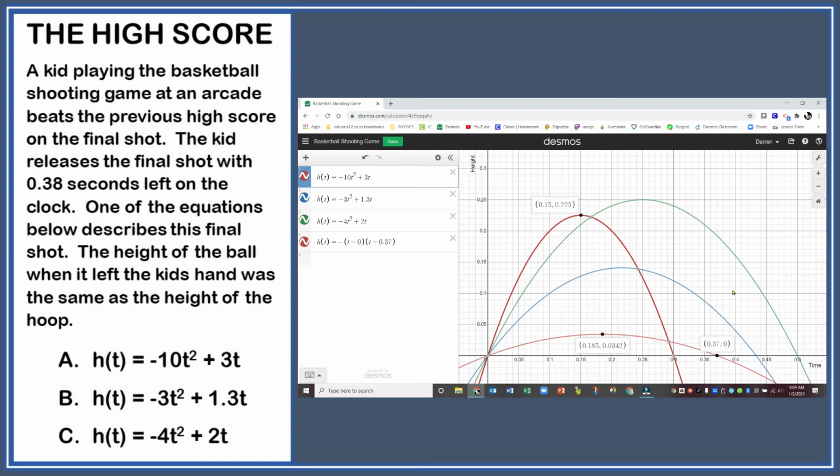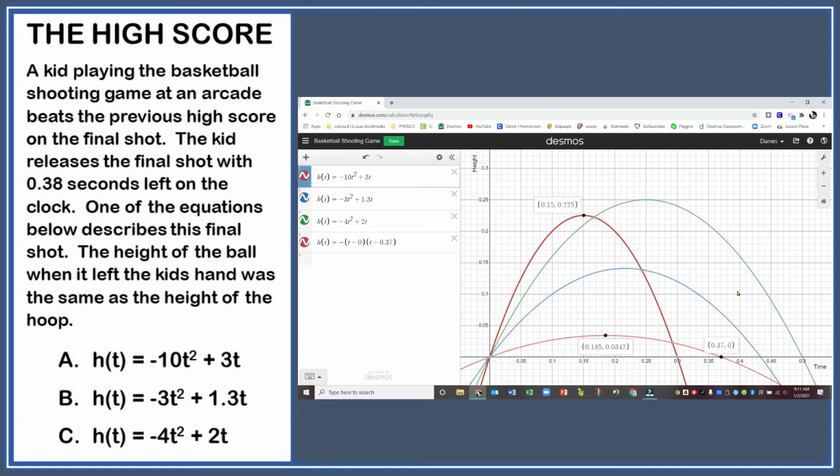So the problem asks us to find a shot that would go in time but have a different height, and this is one example of a shot that would meet those requirements.